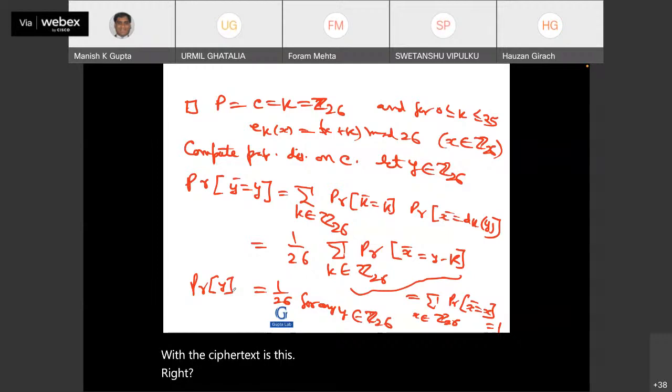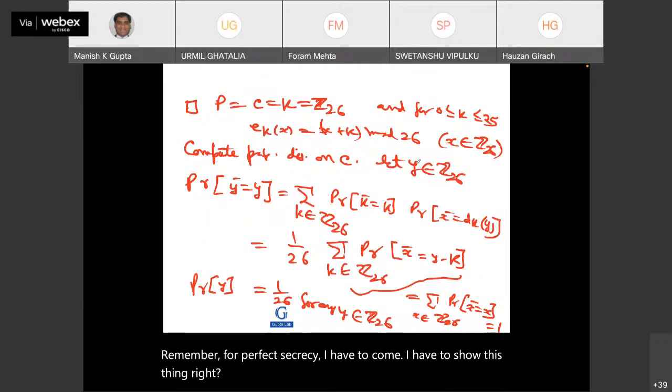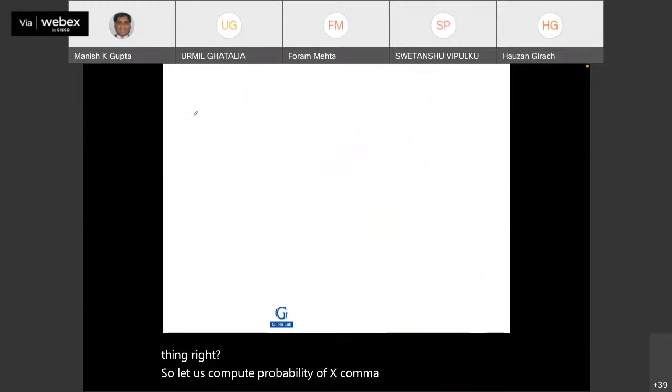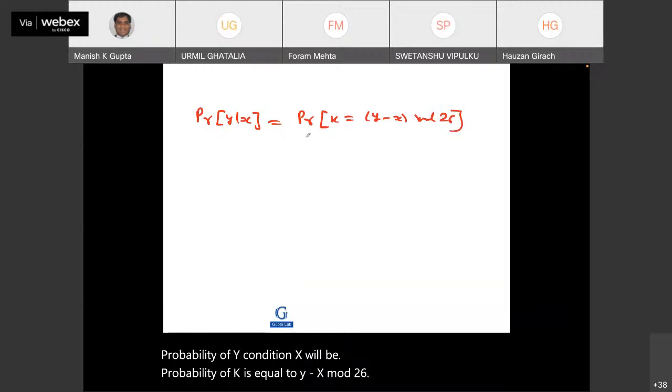Next, we can compute. Remember, for perfect secrecy, I have to show this thing. So now let us compute the probability of x comma y, or the probability of y conditioned on x, which will be the probability of K equal to y minus x mod 26, which is equal to 1 by 26.